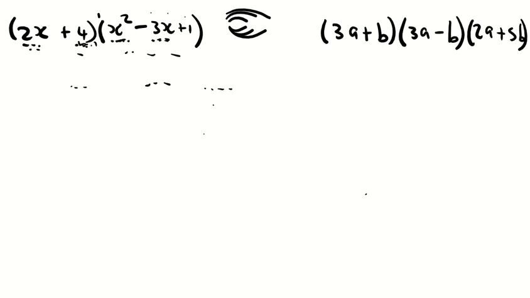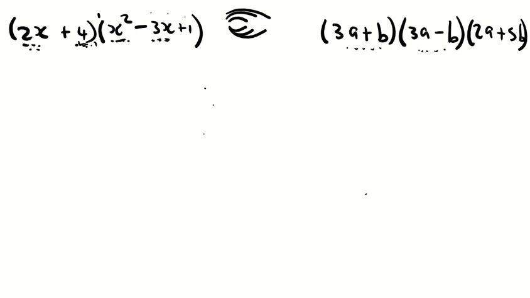In this example, we are given 3a plus b multiplied by 3a minus b and 2a plus 5b. Here, you can choose 3a plus b and 3a minus b and multiply them first, and then multiply the result by 2a plus 5b.